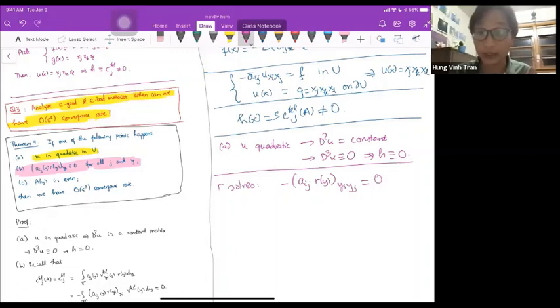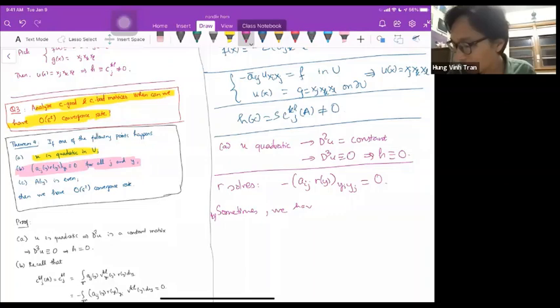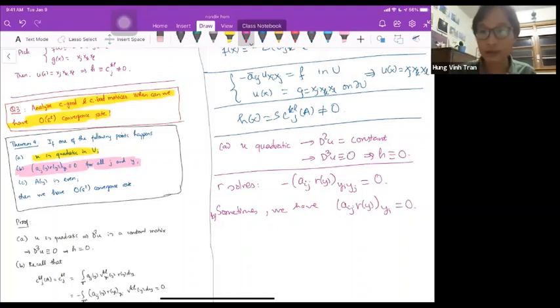Again, this is repeated in i and j, right? But sometimes, if we are lucky, we have that aij ry differentiated in yi equals 0, right? If this is the case, then obviously if we differentiate more it is 0.